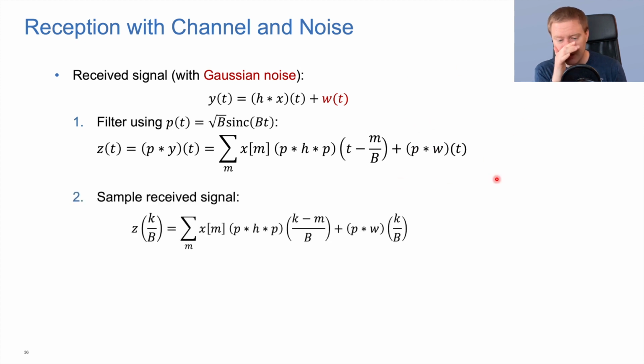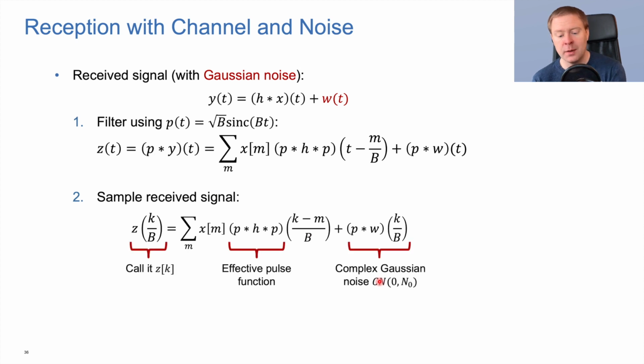Then we sample the received signal to make use of the Nyquist criterion. We take t to be equal to k divided by b, where k is an integer. We replace t with k divided by b everywhere, and we get this type of expression. We call the received signal here z of k with square brackets in order to say that this is a discrete signal sequence.